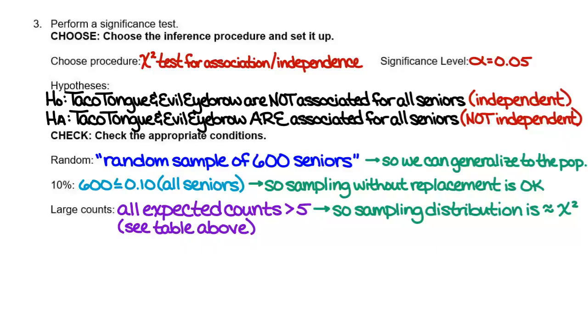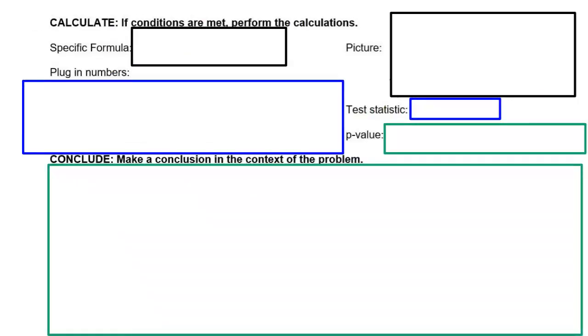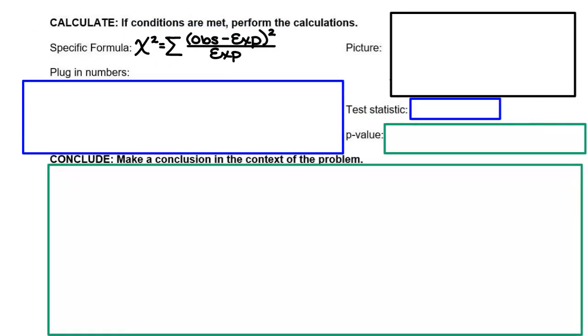Right. And now we are to the calculate step. What is the formula that we use for all of our chi-square tests? O minus E, what does the O stand for? Observed minus E, expected, squared, over expected, yes. And we have to sum all of those up.